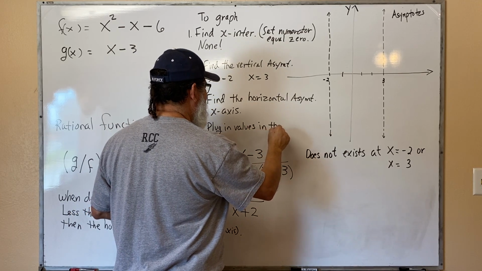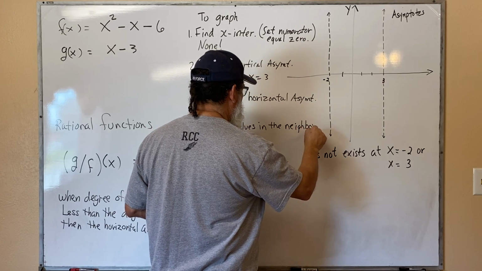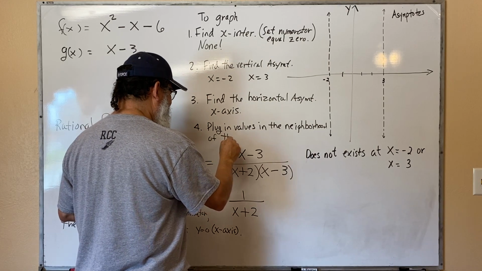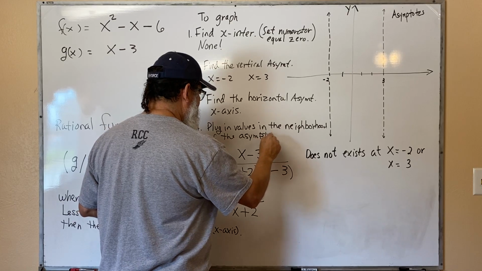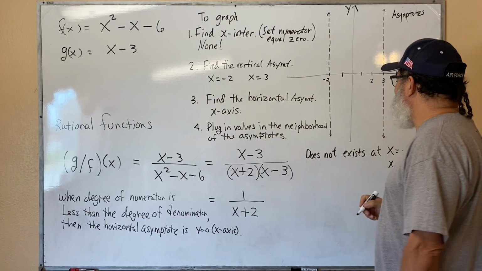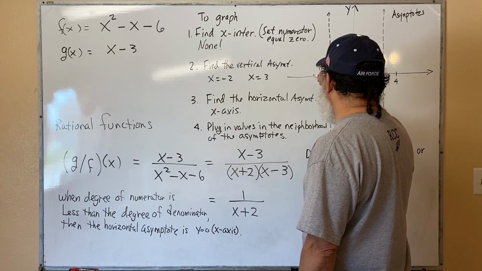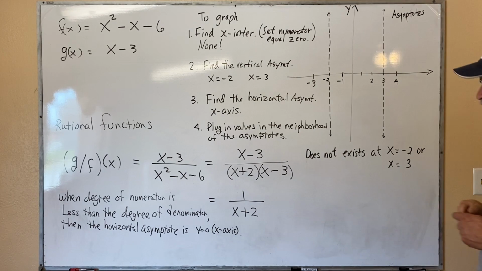This asymptote, plug in x equals -1, plug in x equals -3. That's the neighborhood of this asymptote. Okay?